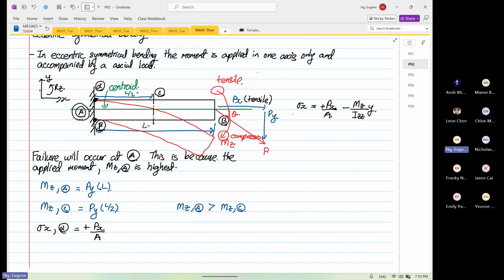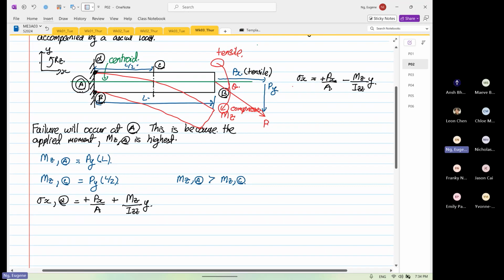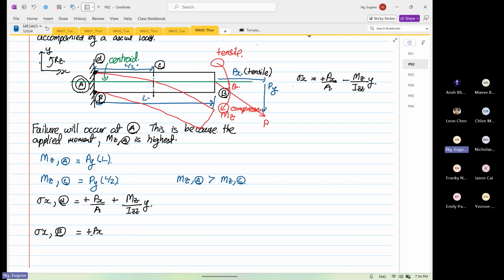Okay. So now because our alpha is on top of the centroid, it's in tensile, so it's equal to plus Mz over Izz multiplied by y. And likewise, if you look at stress X at point beta, this is equal to plus Px over A. Now, because beta is below the what?